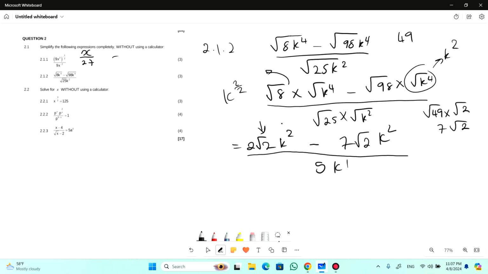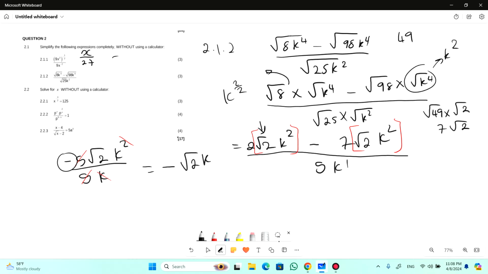Right, there you go. So now we can see that we have like terms. This part here is the same as this part there. Therefore I can subtract the 7 from the 2. So 2 minus 7 is negative 5 square root 2 k squared, all divided by 5k. Now the 5 and the 5 will cancel, one k will cancel, and hence you have negative, don't forget the negative there, negative square root of 2 times k.